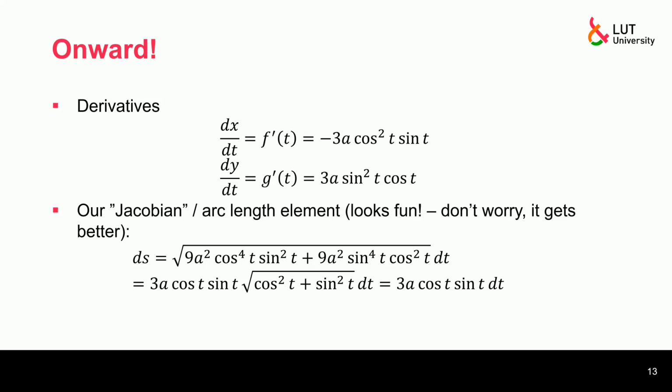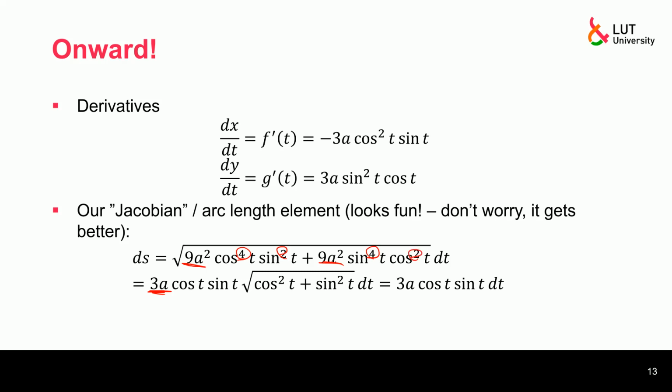And so the Jacobian looks awful at first, but we notice that there's a common term, 9a squared here and here. So we can take that right out. Square root of 9a squared is 3a. And then we have at least 2 cosines and 2 sines.